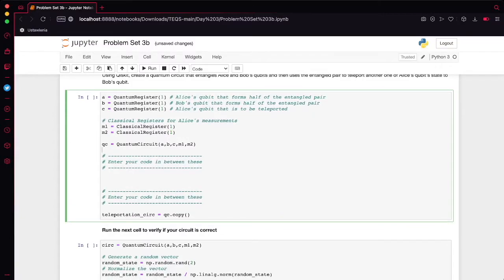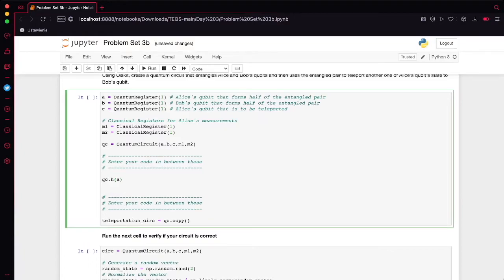Okay, so let's start with entangling both qubits, one from Alice and one from Bob. We can do that with the same circuit that we used above in problem 1. So it's qc.h(0). Now it is A, because we called our quantum register qubits A, B, and C, right? qc.cx(A, B).